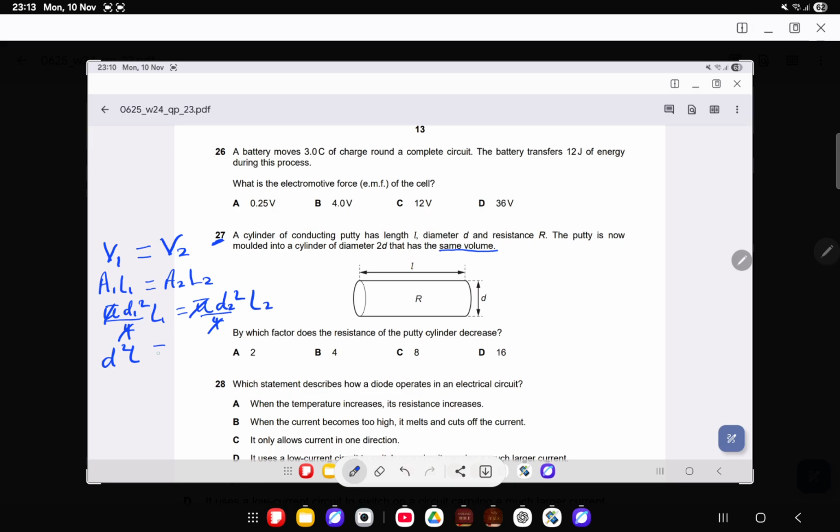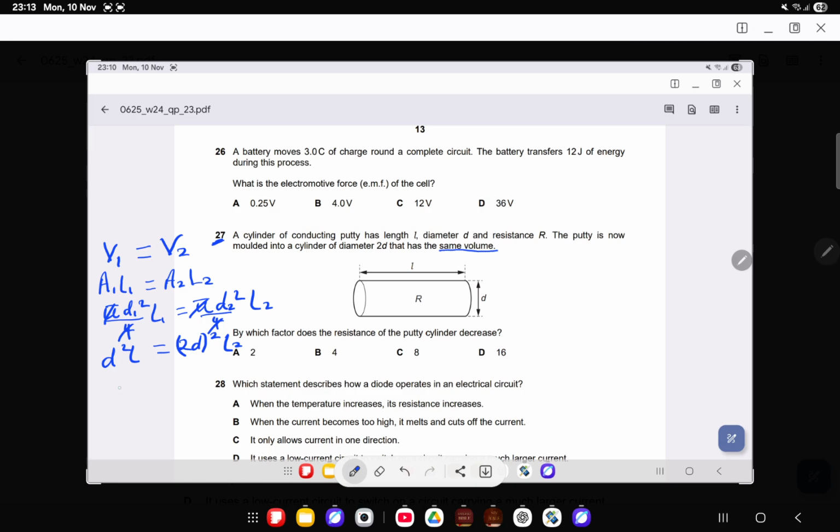is equal to, now after it was molded, the second diameter, which would be D2, was doubled. So which means that the D2 squared now becomes 2D all in brackets squared. Take note of that, very important. And my L2. So from this I can find my L2.